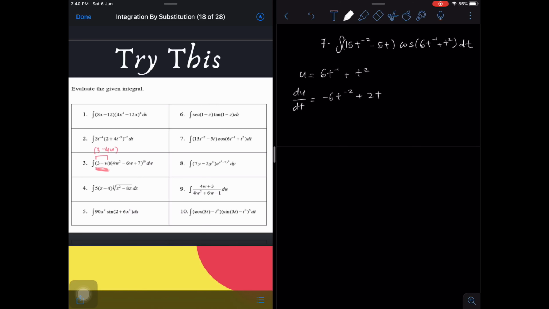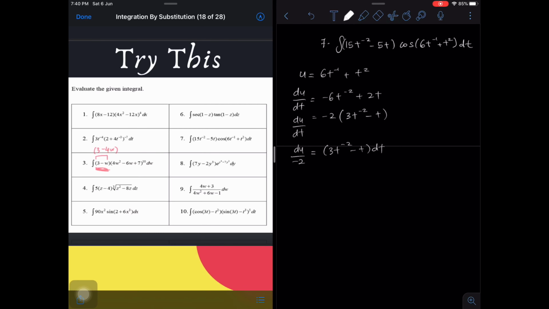If I factorize out negative 2, because t to the power of negative 1 has a positive constant and t to the power of negative 2 has a positive constant, therefore I factor out the negative 2, so what I left in the bracket is 3t to the power of negative 2 minus t. Okay, du over dt. Let's bring negative 2 to the left and dt to the right. Therefore, we will have du over negative 2 equal to 3t to the power of negative 2 minus t dt.